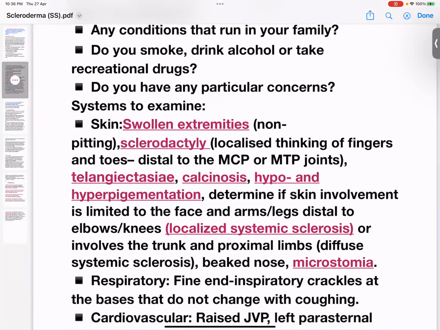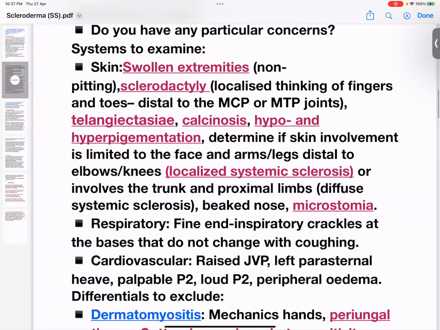Swollen extremities, non-pitting, sclerodactyly, localized thickening of fingers and toes distal to the metacarpophalangeal joints and the metatarsophalangeal joints. Telangiectasia, calcinosis, hypo or hyperpigmentation determine the skin involvement.